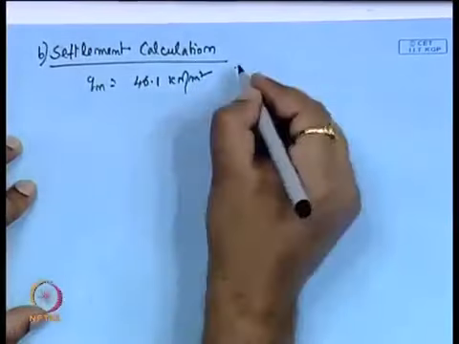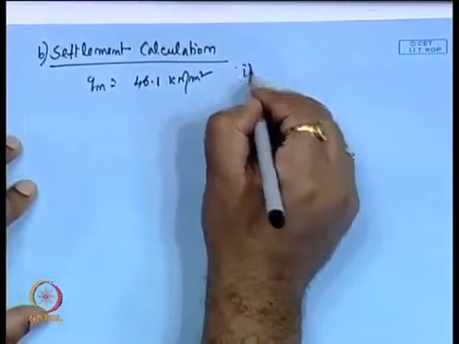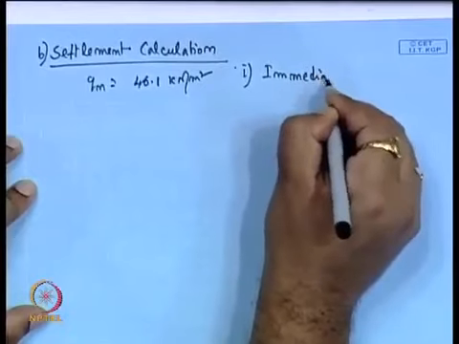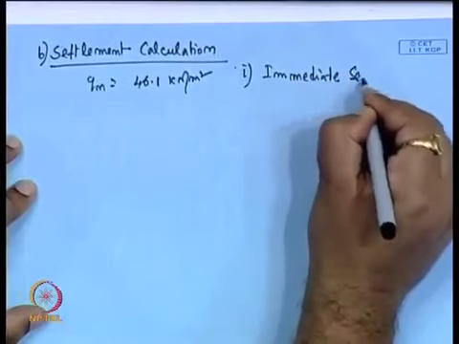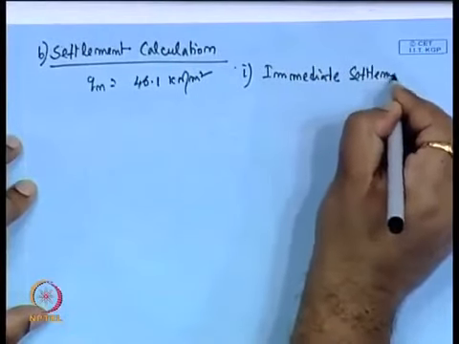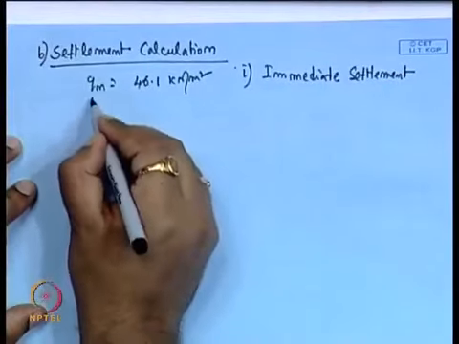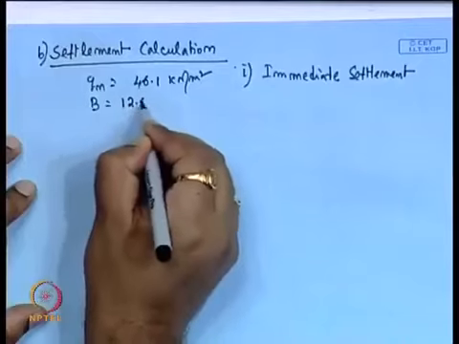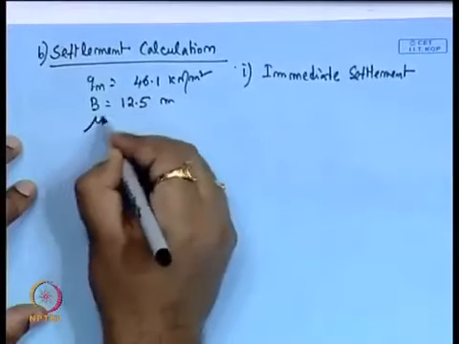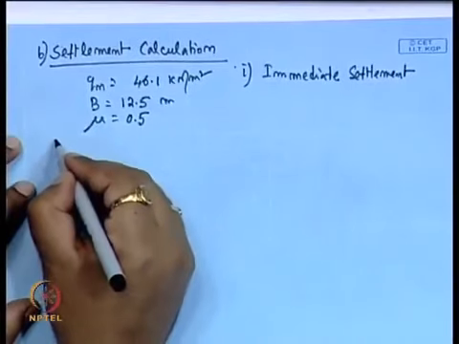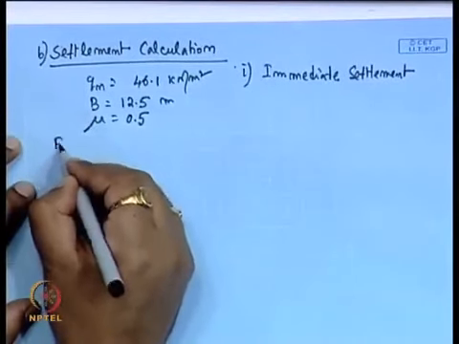First, we will calculate the immediate settlement. Then B is 12.5 meter, mu we have taken for the clay soil is 0.5, and we can choose the E average value.